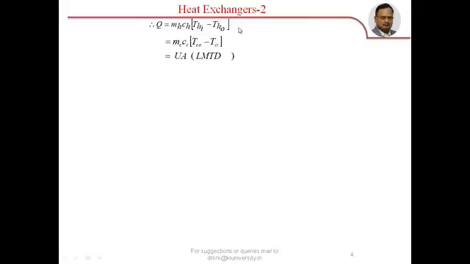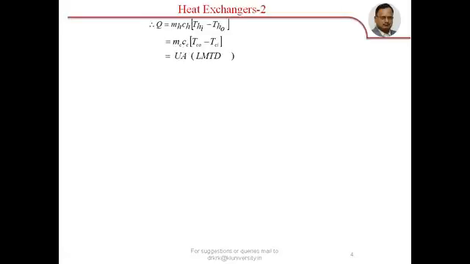The common observation is we have 3 equations, so we can determine 3 unknowns. Now take a special case where you know U, you know A also, and you know the mass flow rates, MH, CH, MC, CC, heat capacities.